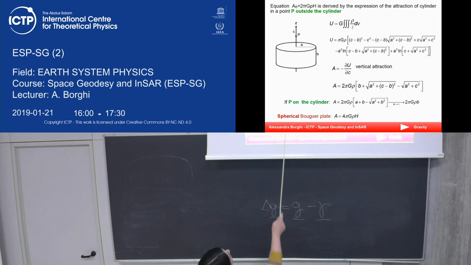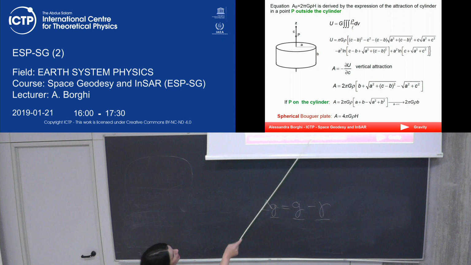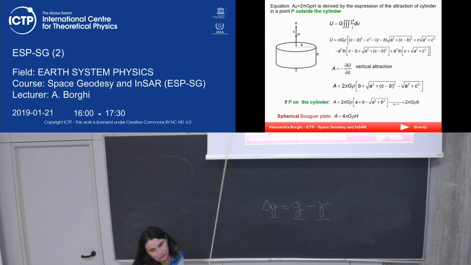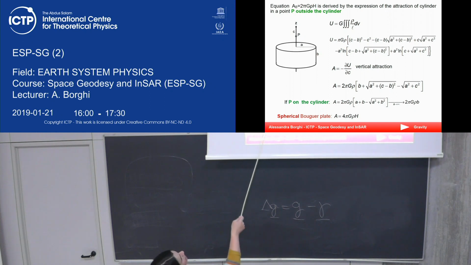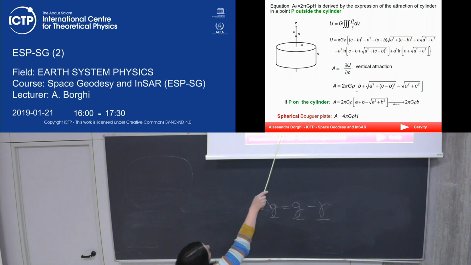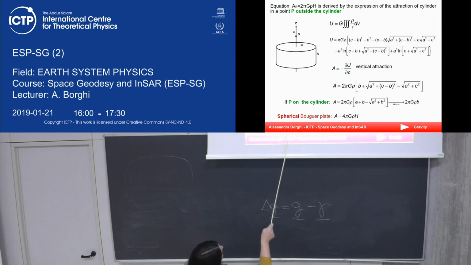This equation can be derived, and you can compute why we obtain this very simple formula. It's given by computing the effect of a cylinder, like this one, and you compute the potential due to this cylinder.